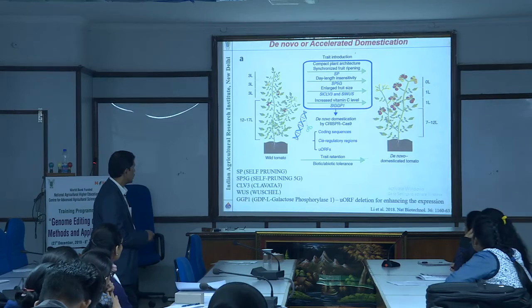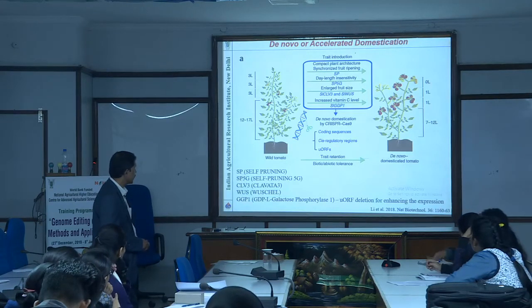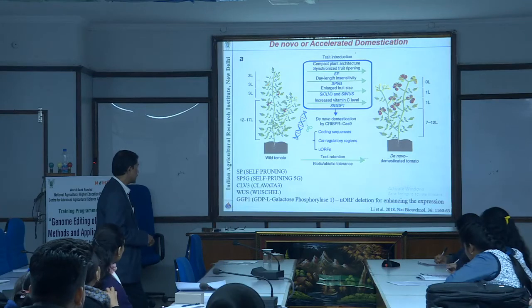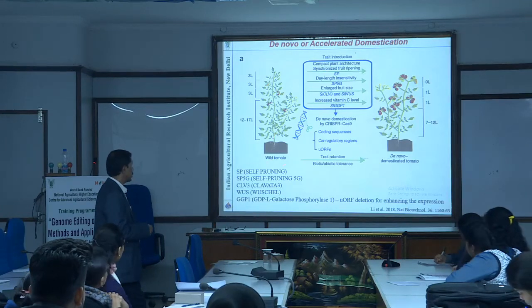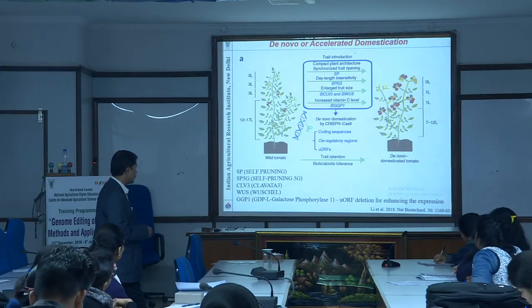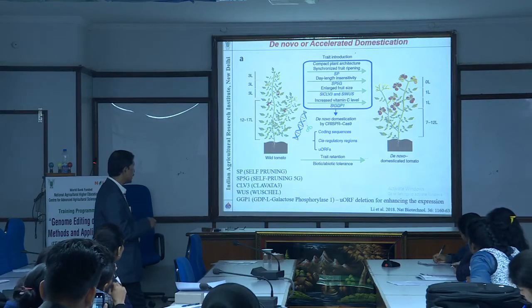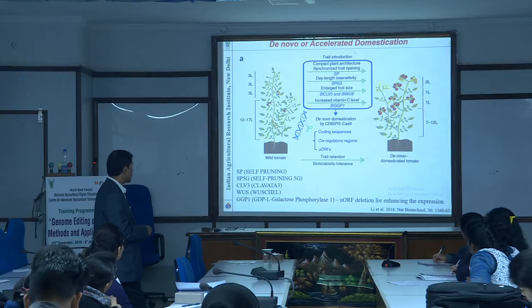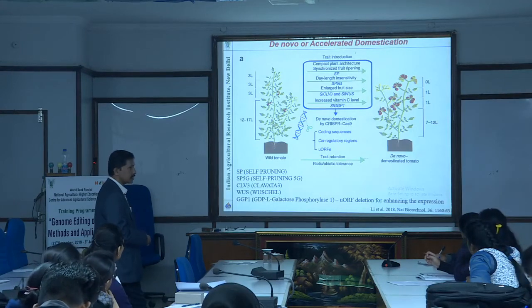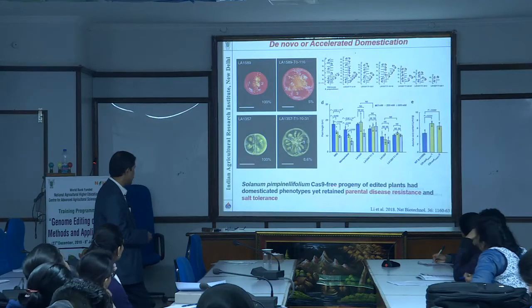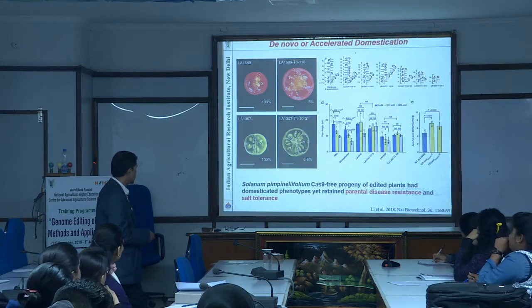Those of you working with genome editing might have studied the de novo or accelerated domestication publication which came in 2018, wherein a few genes have been edited in the wild tomato Solanum pimpinellifolium to enhance the yield of this plant. This plant is tolerant to salt stress, and also has disease resistance.